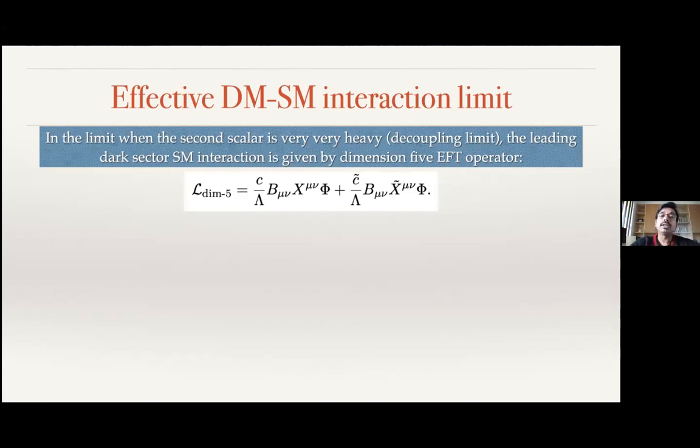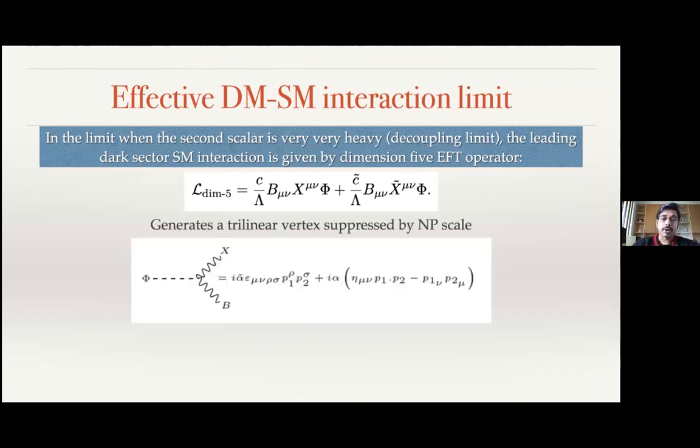This operator is a dimension 5 operator, and therefore it has to be suppressed by the new physics scale capital Lambda. So we have a UV complete model, but in the limit when we can completely ignore the presence of the scalar which gets a vacuum expectation value and makes the X gauge boson massive, in the limit that it is decoupled and very heavy, the dark sector and standard model interaction is basically given by this dimension 5 operator.